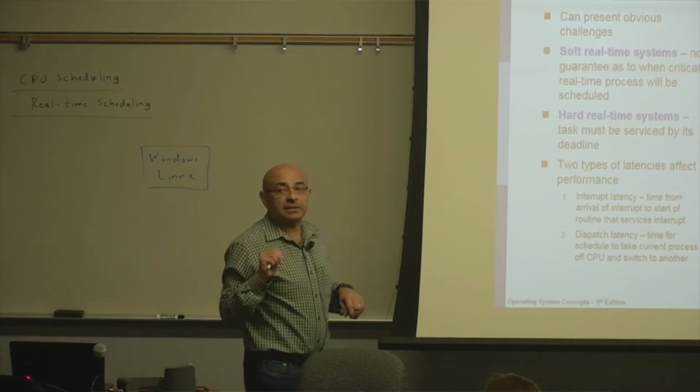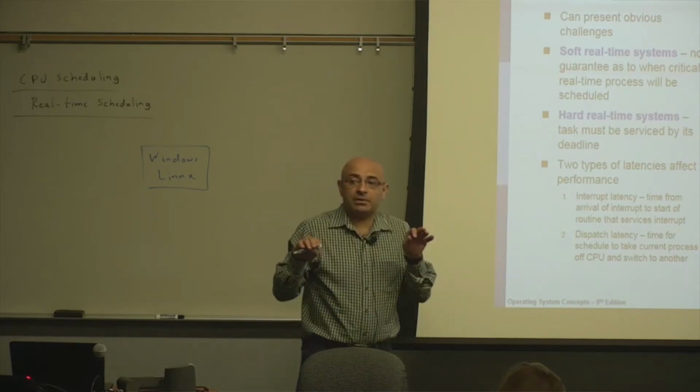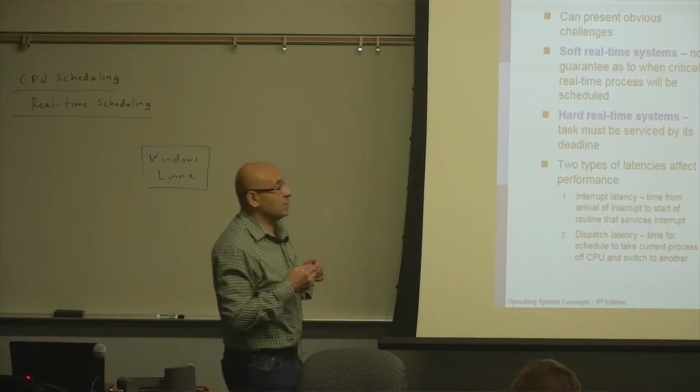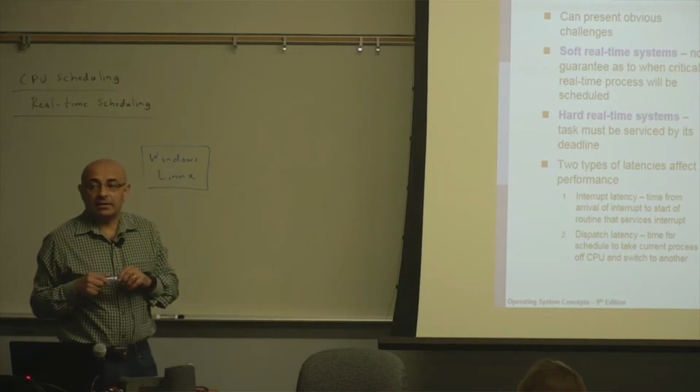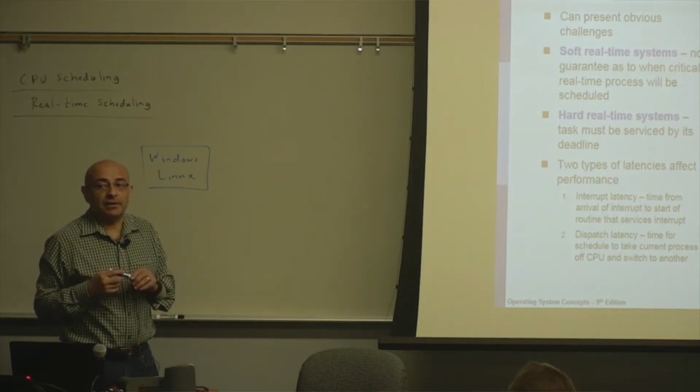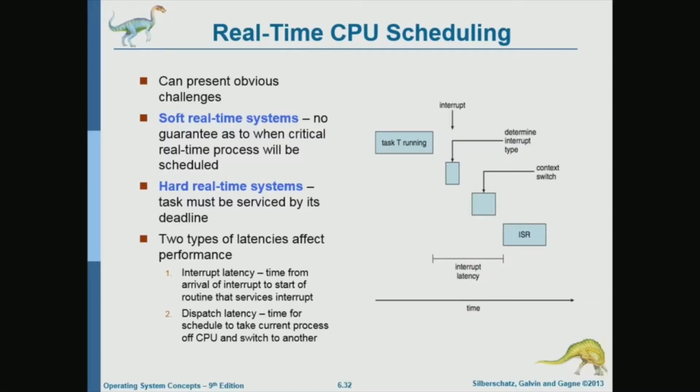So real-time processes are just the highest priority processes, but we don't have the notion of a deadline. That's a soft real-time system. So a soft real-time system simply means supporting real-time priority as the highest priority in the system, but there is no defined deadline for each process. It just means high priority, or the highest possible priority.